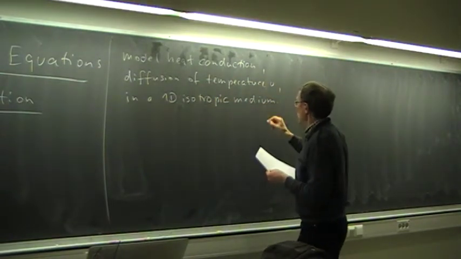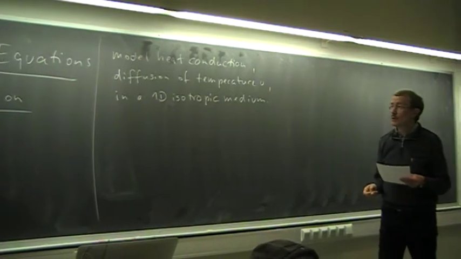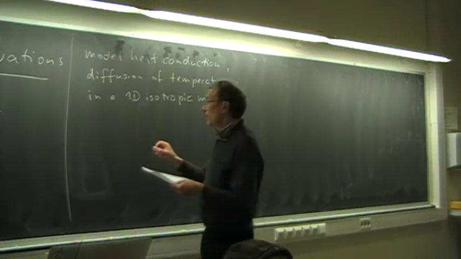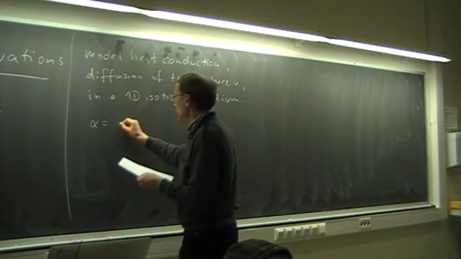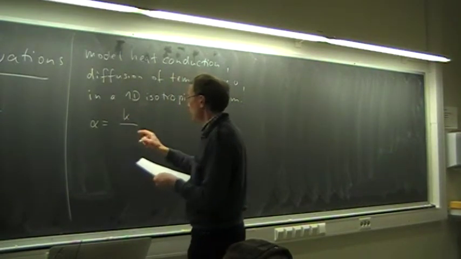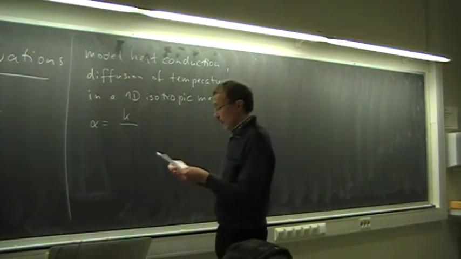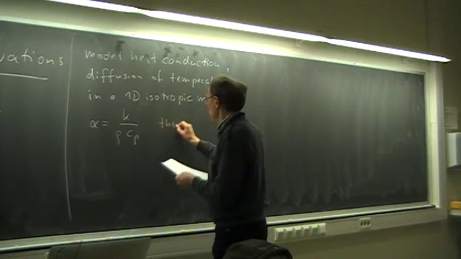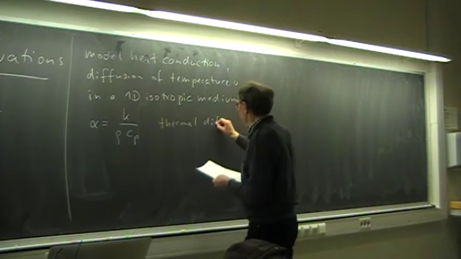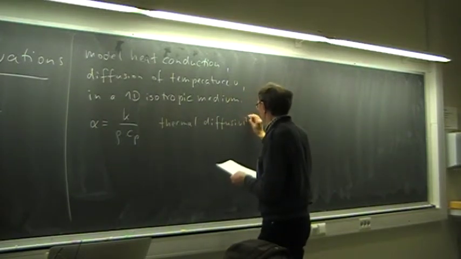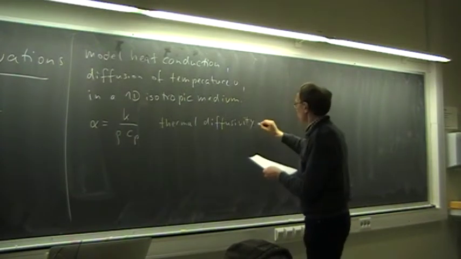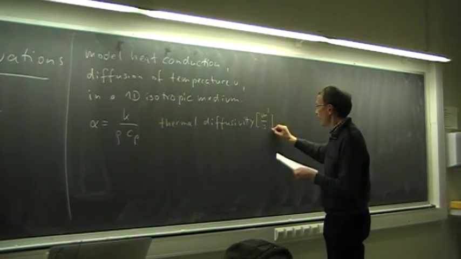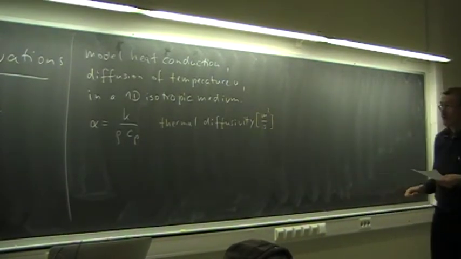That can be a solid, or a fluid, liquid or gas at rest. And the alpha, the coefficient appearing in the heat equation, is the thermal conductivity K that we have from Fourier's law, divided by the density and the specific heat at constant pressure. This is called the thermal diffusivity. And the dimension is meters squared per second. You will also see when you look at the equation that it should be like that.